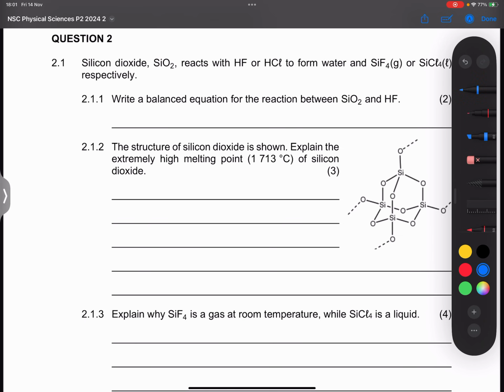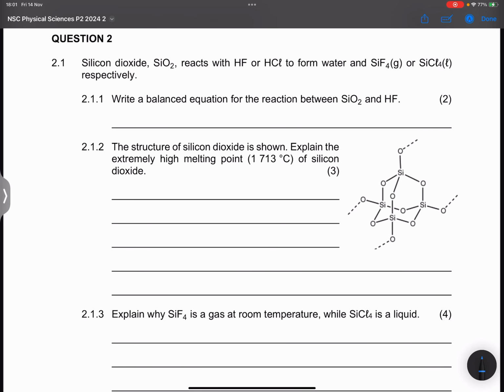All right, so they say to us silicon dioxide reacts with hydrogen fluoride as well as hydrogen chloride to form water and silicon fluoride and silicon chloride, respectively. Now they say to us, write down a balanced equation for the reaction between silicon dioxide and hydrogen fluoride.